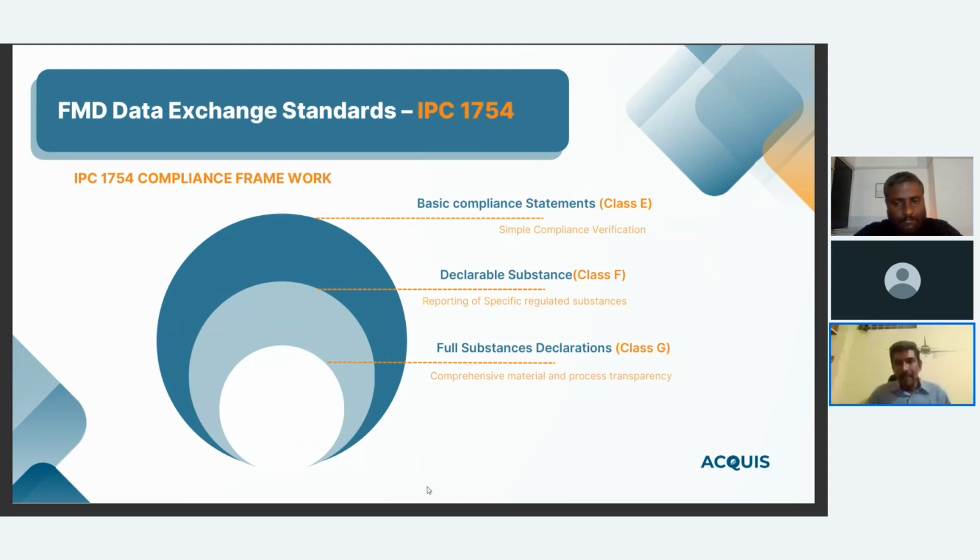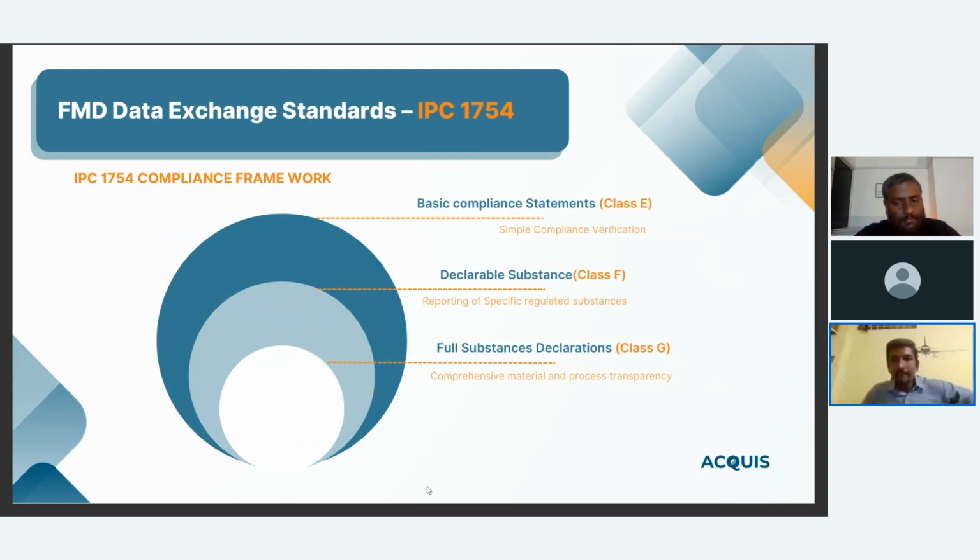Whether you comply with the required restricted or declarable substance list, which the aerospace and defense industry has come out with, right? Aerospace and defense industry coalition has come out with a declarable substance list, which is called ADDSL, right? Aerospace and defense declarable substance list. So you can just specify at a basic level whether the statement is true, false, or unknown.